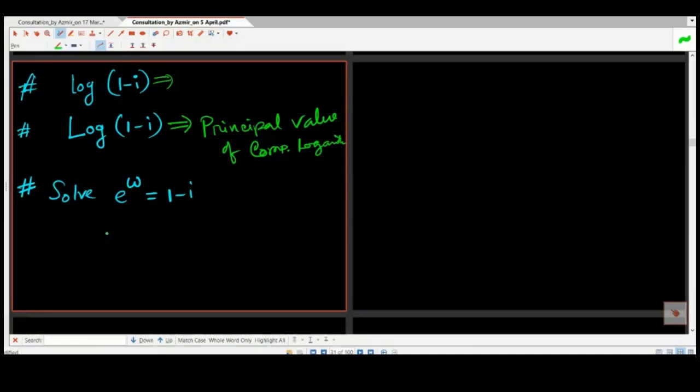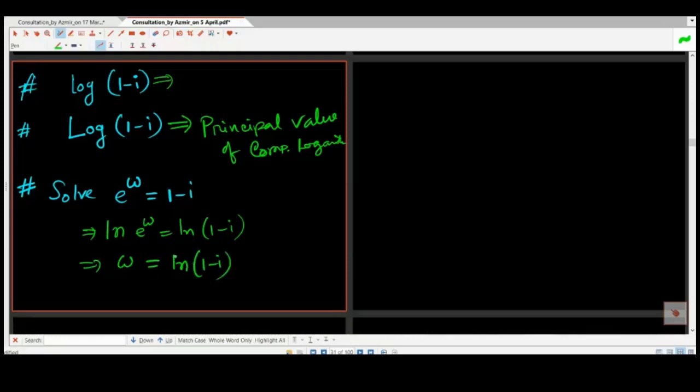If we have a look at this one, we know that we can take the natural log of both sides. So we have log of e to the w equals w. So this is equal to the natural log of 1 minus i.